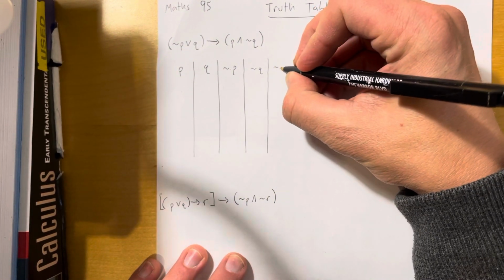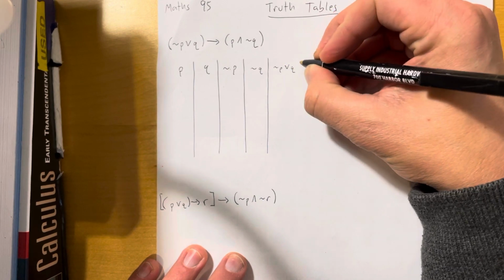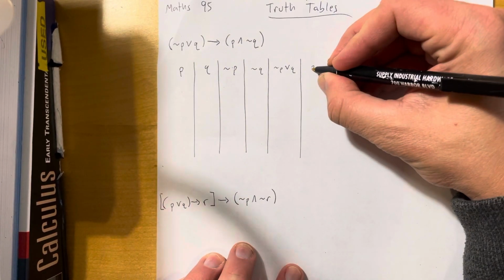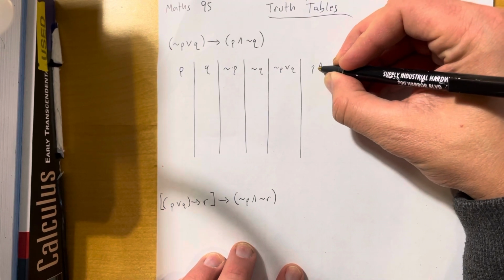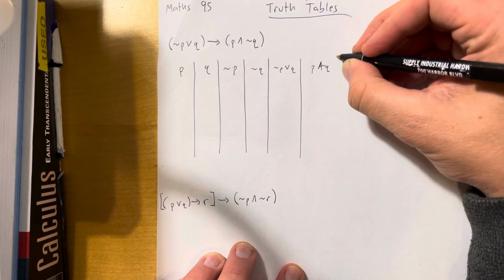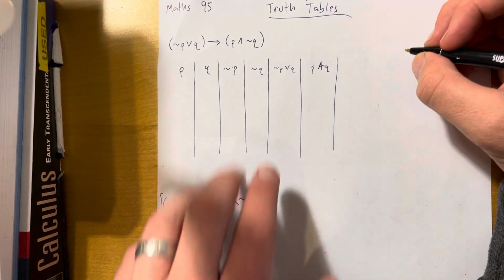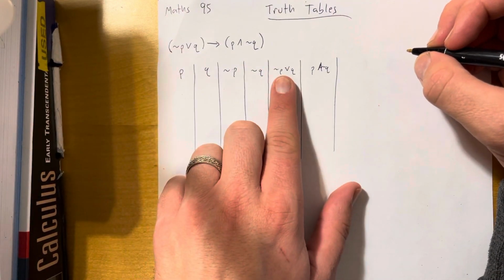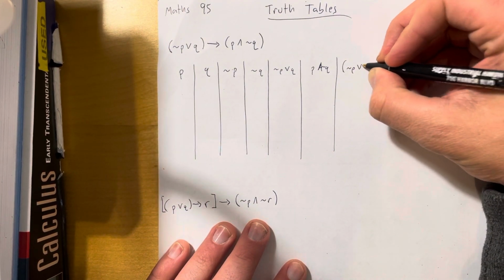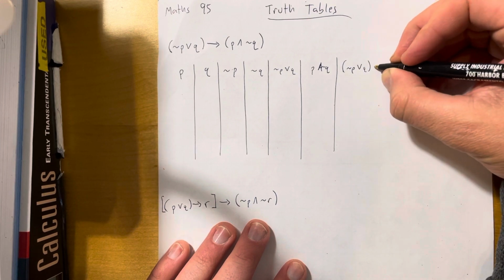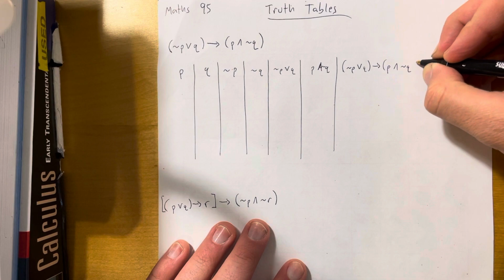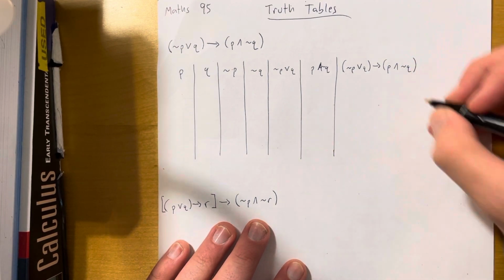So not P or Q. That gets its own column. I also have a P and not Q. That gets its own column. And then finally, the entire statement is this implies this. So not P or Q implies P and not Q. And that large one there is its own column.